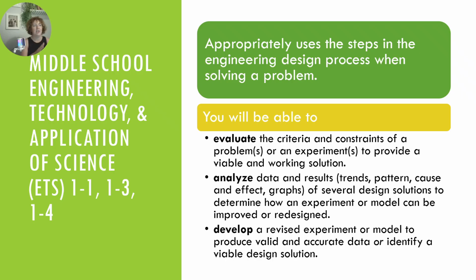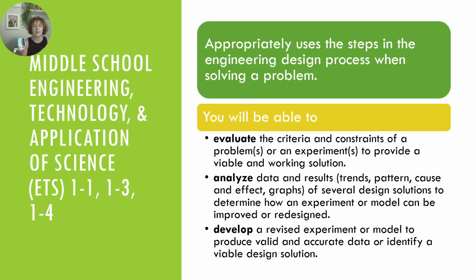You should be able to appropriately use the steps in the engineering design process when trying to solve a problem. Whether it is the engineering design process or the scientific method, all of them kind of have the same concepts.